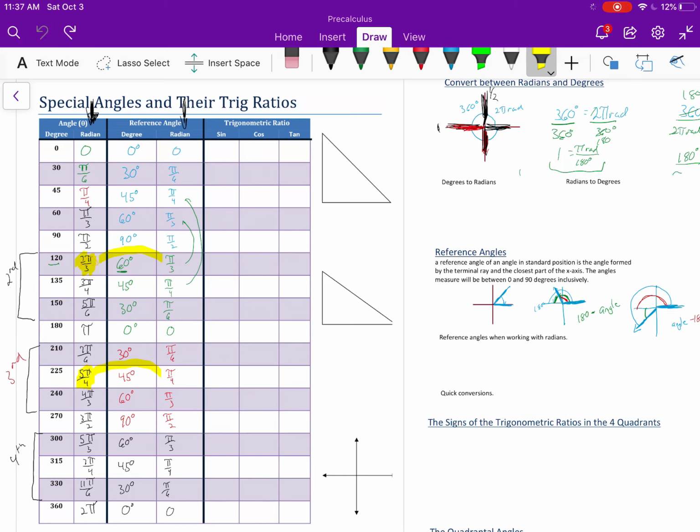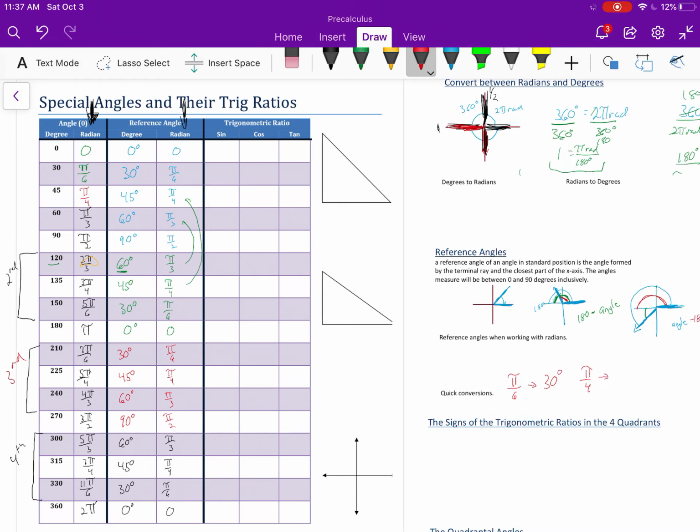Another nice thing to recognize here is some quick conversions, degrees to radians. Sometimes we're not as familiar with radians, so there are some quick things. If you see pi over 6, something over 6, that goes with a 30-degree angle.